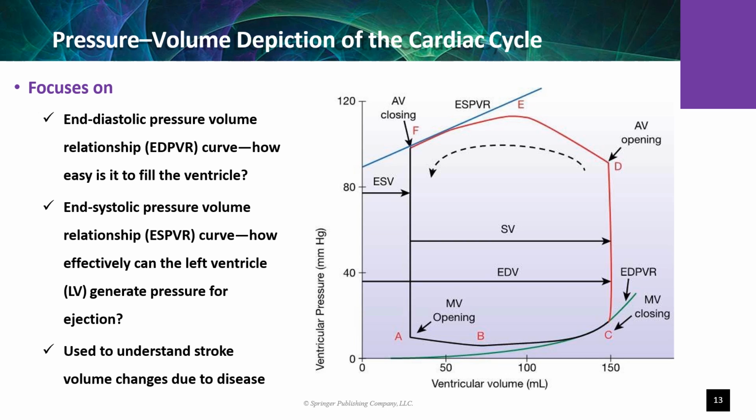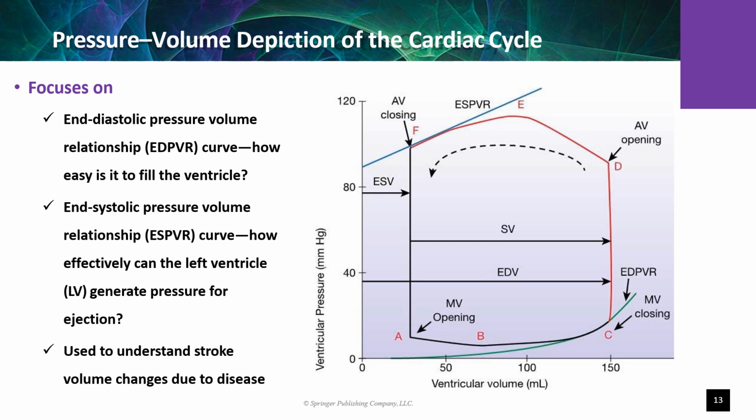The pressure at point D corresponds to the diastolic blood pressure. Point E is the peak ventricular aortic pressure. This is systolic blood pressure, achieved as ejection systole is waning.